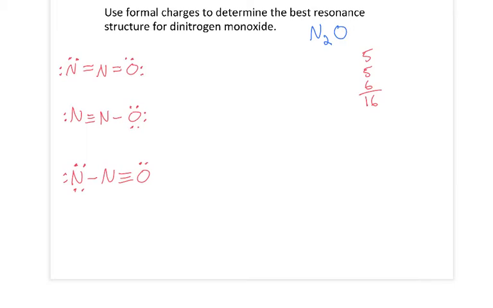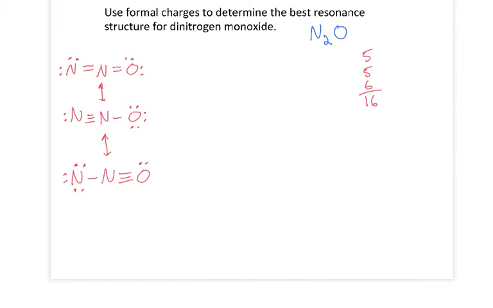And so to determine which one is best, and then we'll do our little arrows that we typically do for our resonance structures. To determine which one is best, I want to assign formal charges to each atom in each of these resonance structures. All right, so I'm just going to use my little counting method rather than writing out the formula.